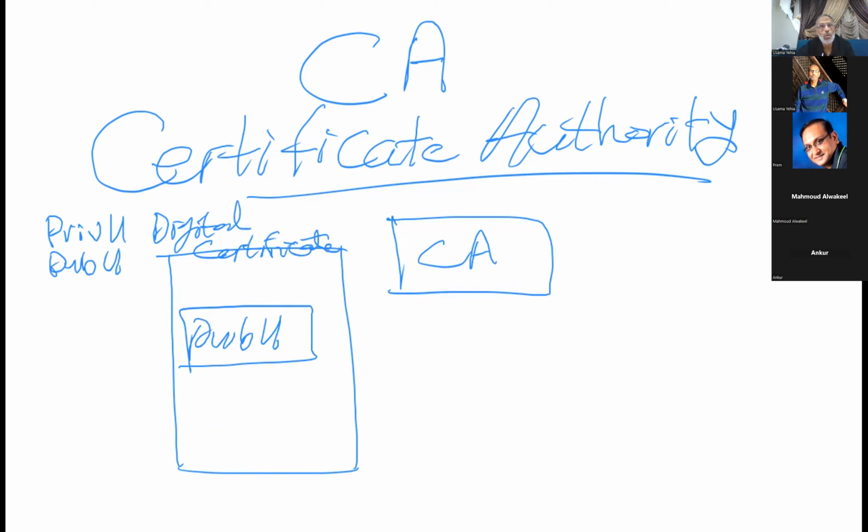You know, gentlemen, when you want to access any restricted area, when they tell you, give me your driving license, for example, when you give him your driving license, he will allow you to go inside. Why the driving license, or the passport, or the identity card?